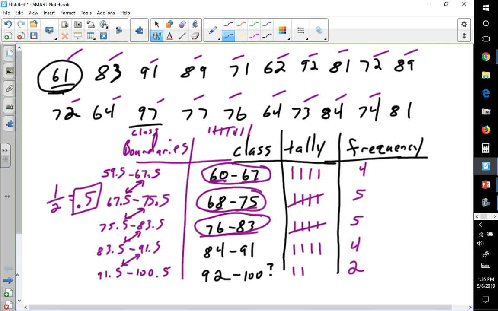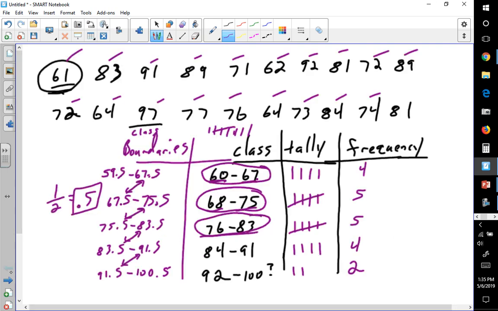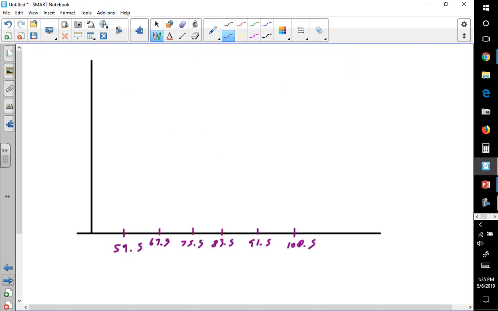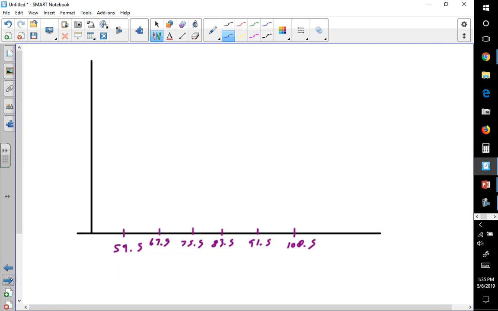Then 100.5. Not 101, but 100.5. Did I say that right? So 59.5, 67.5, 75.5, 83.5, 91.5, 100.5.